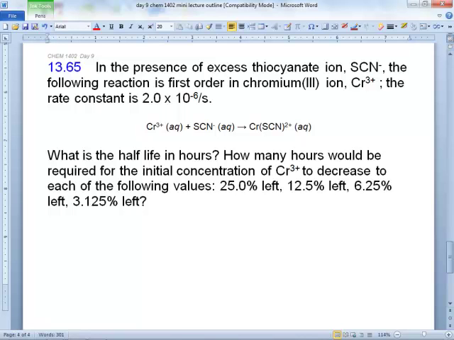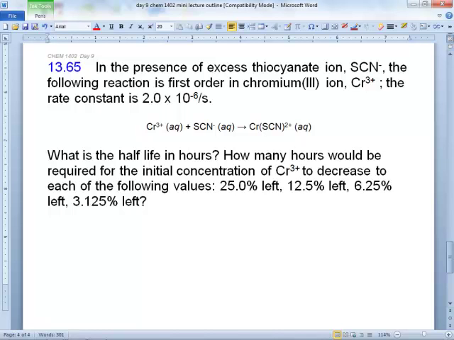What is the half-life? Is that all? Well, if it's first order, it has to be this one. And all you need is K. You can find it. What are you going to do, Vanessa?